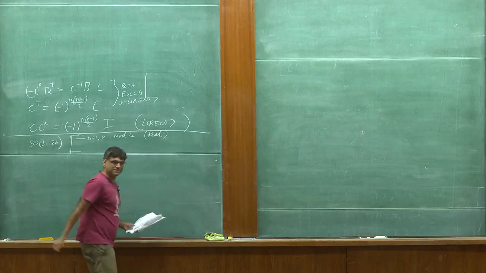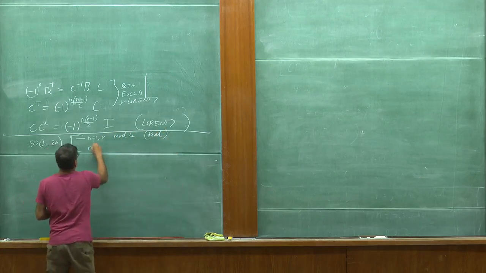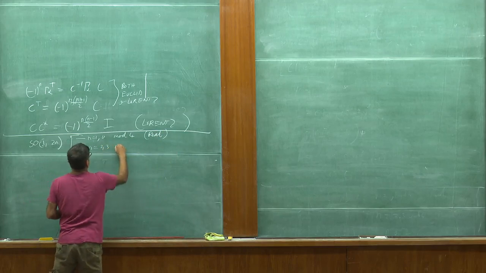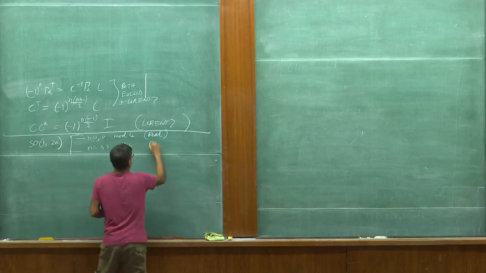We had real spinors. For n equal to 2 or 3 mod 4, we had pseudo-real spinors.